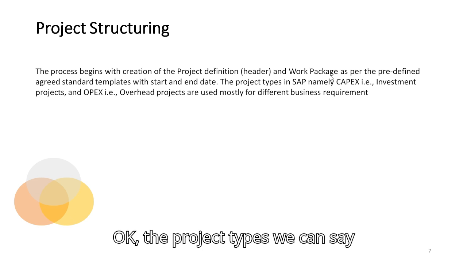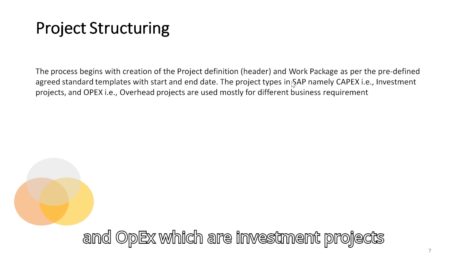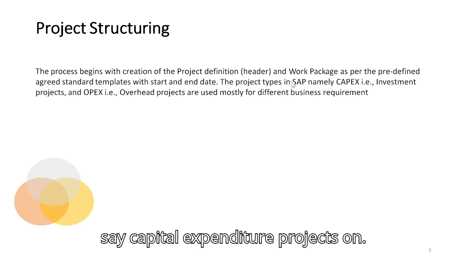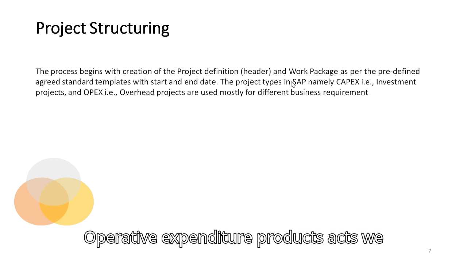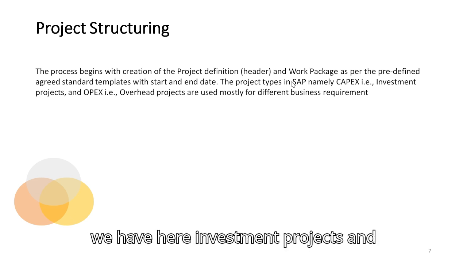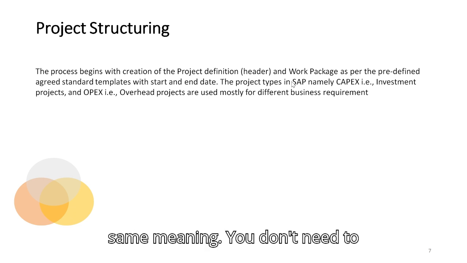The basic project types are CAPEX and OPEX, which are investment projects and overhead projects. Otherwise, we can say capital expenditure projects and operative expenditure projects, as we discussed earlier also. The other names we have here are investment projects and overhead projects. Both have the same meaning.